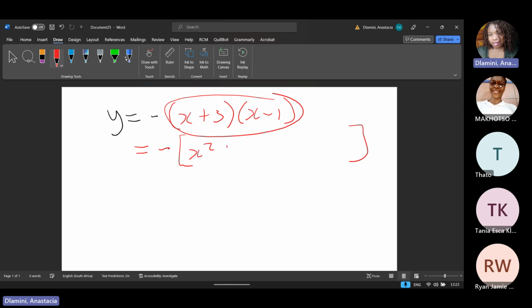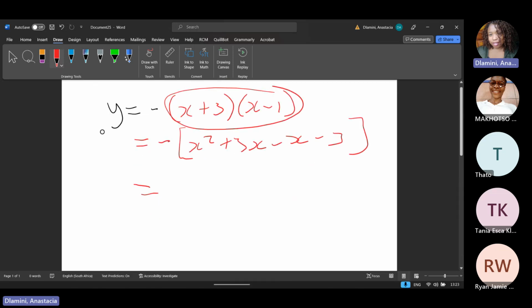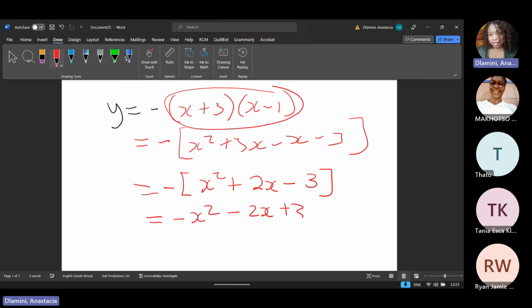So this is x squared plus 3x minus x minus 3, which is x squared plus 2x minus 3. Multiplying by the negative inside: negative x squared, negative 2x plus 3. Therefore, y equals negative x squared minus 2x plus 3.